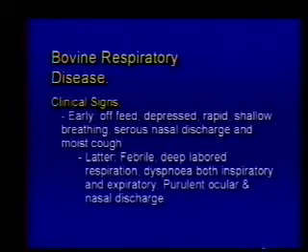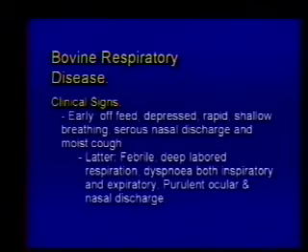Later on, at the end stage, or at the latter part of this condition, you may have an animal with a higher temperature that now has a more purulent discharge from the nares, and you can unequivocally hear wheezing, crackling, or harsh lung sounds.